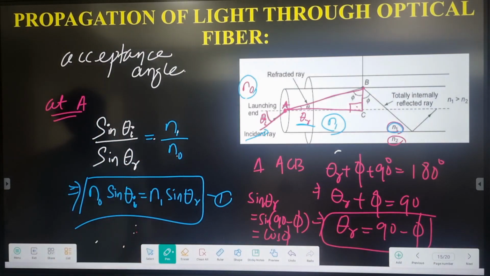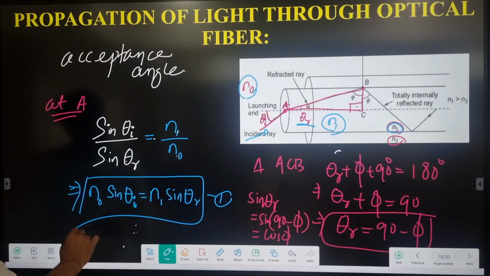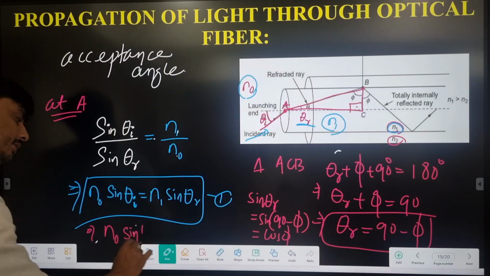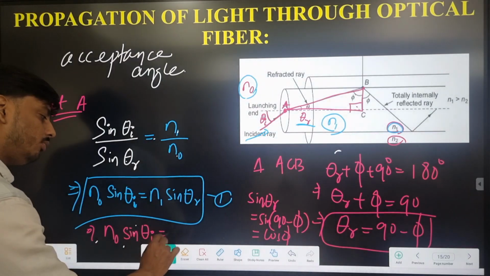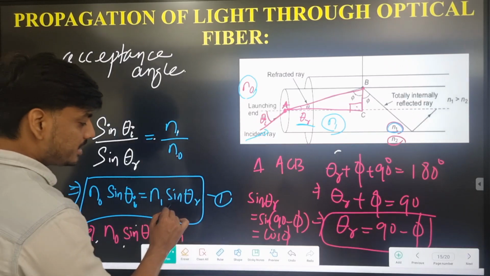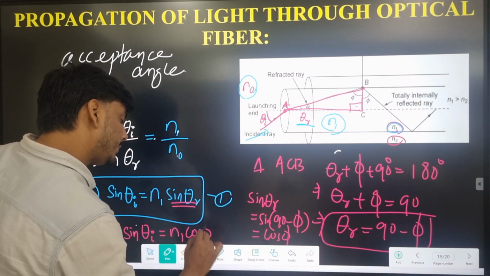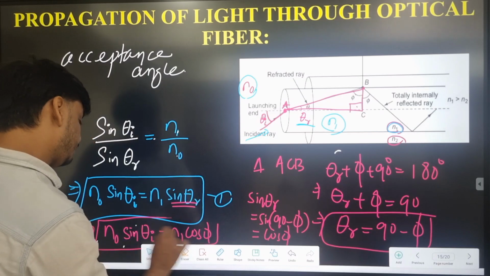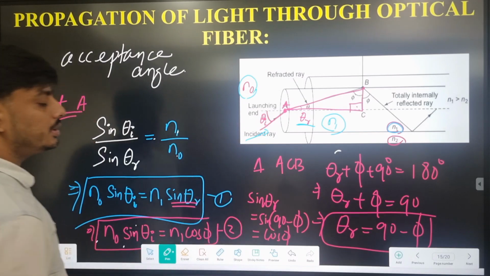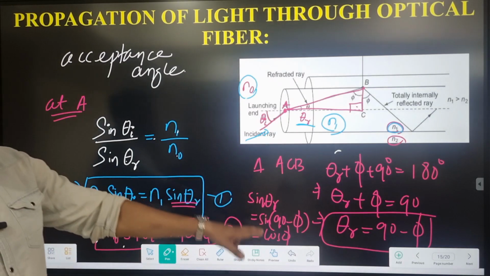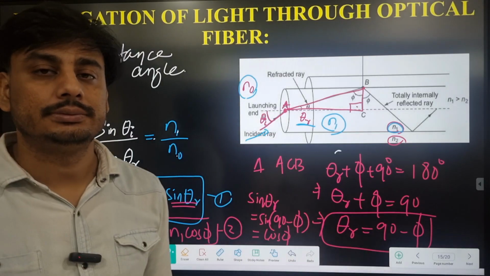Now we can modify this equation. If we modify, we can write down n0 sine theta i equal to n1. In place of sine theta r, we can now write down cos phi. We just modified theta r in terms of phi.